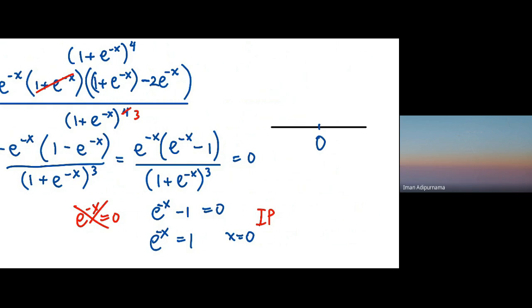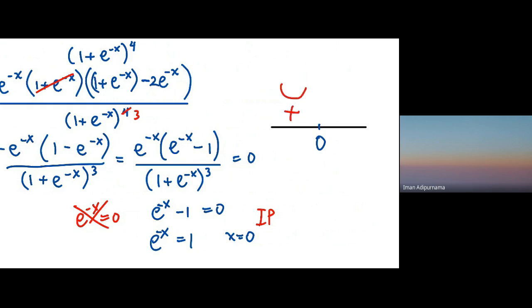The key for this is here. If it is e negative 1, it will be 1 over e. 1 over e negative 1 is negative, right? So negative, positive, positive is negative. But if this is negative, this will be positive, right? So this will be positive.